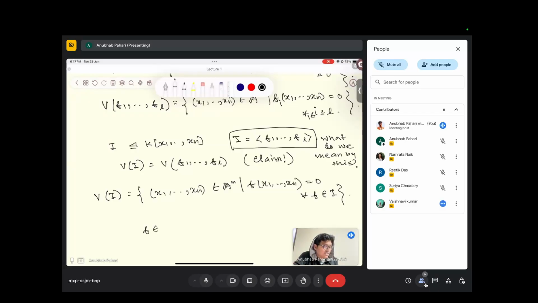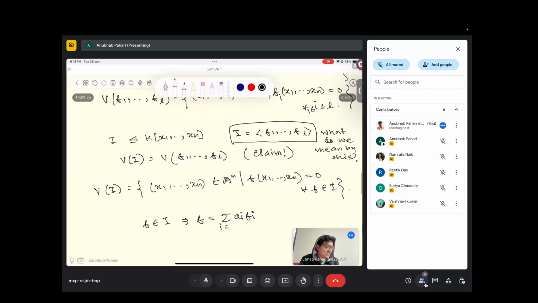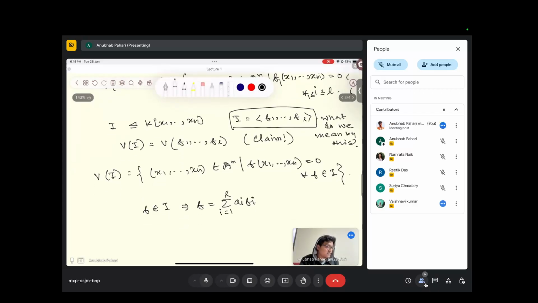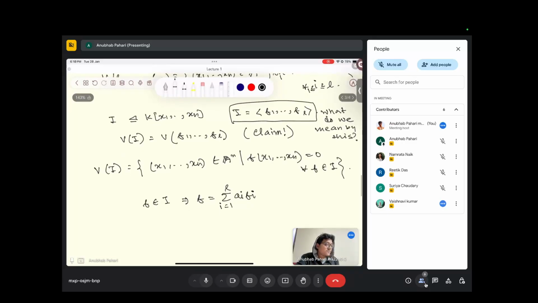So you are saying that if I take any polynomial from I, it would look like a linear combination of these, right? We can write it like this. Am I clear? Yes.